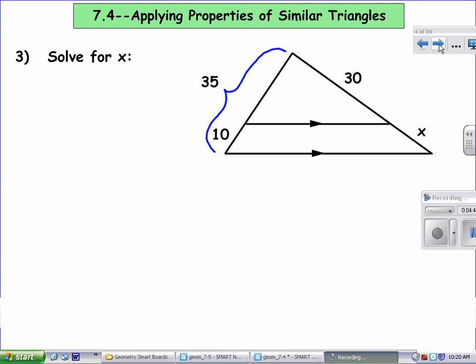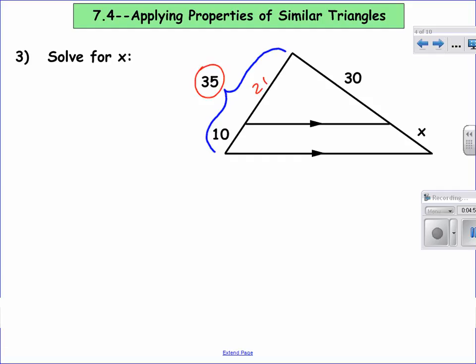Okay, now this guy right here, right away, if they're going to label this whole side as 35, I'm going to put this in as 25, so I know that I have the pieces that I need. So solving for x, on this left side, 25 is to 10 as 30 is to, well, this is a little piece here, so x.